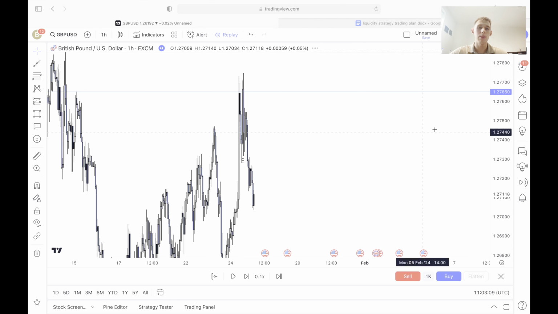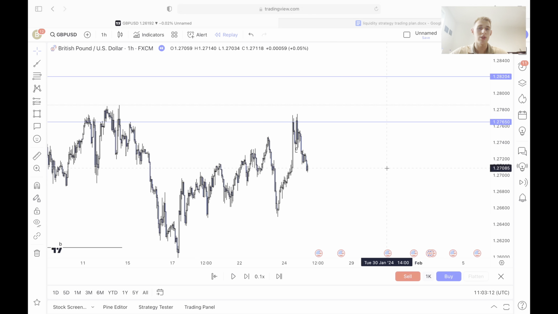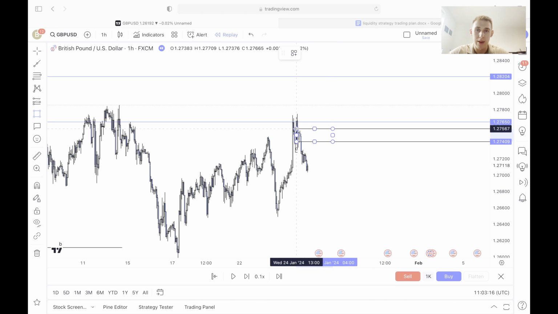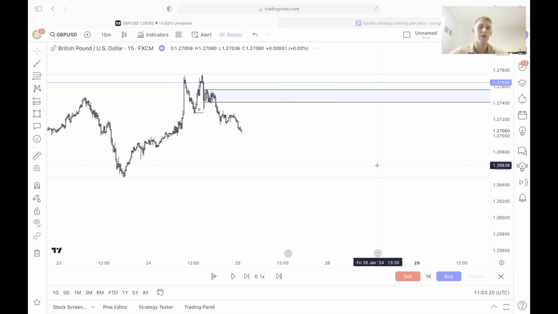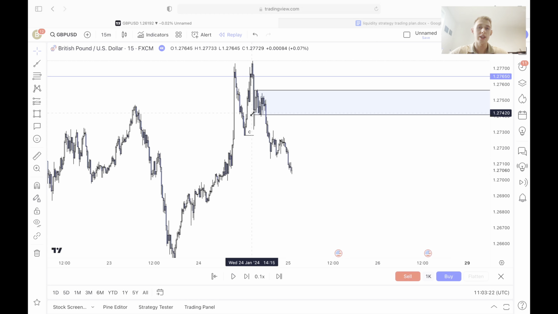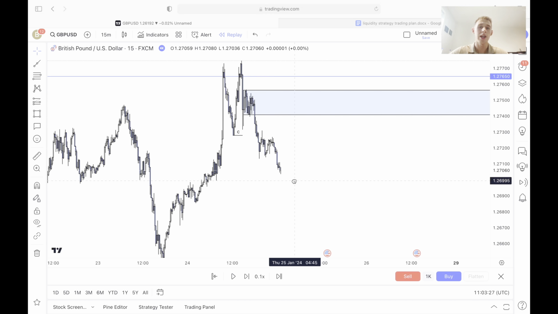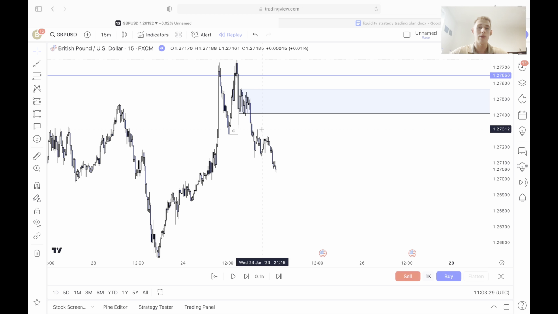what I did in this case, because there wasn't really any clear zones on the 15-minute, I just simply went to the higher time frame and then found this zone. So if we go back to the 15-minute, you can see that this was sort of the whole supply zone which broke structure to the downside. And we also now have this area of sort of like a lower high, but it's an area of liquidity below the zone.